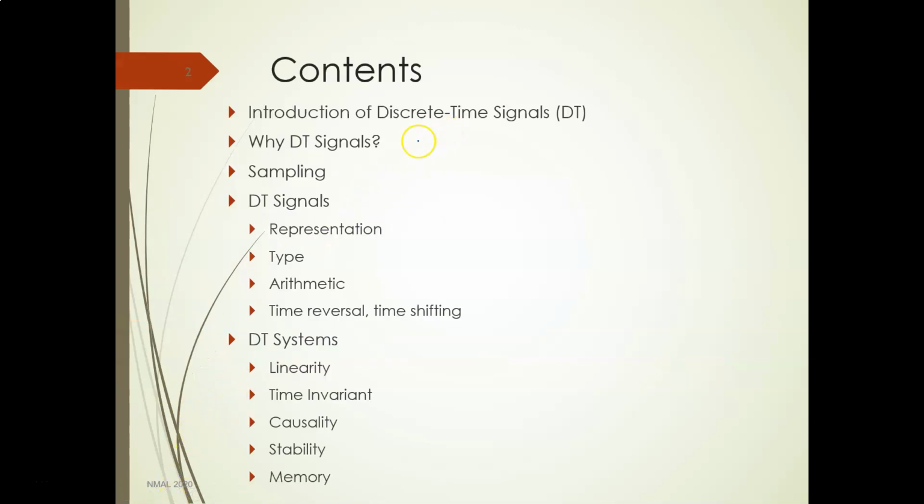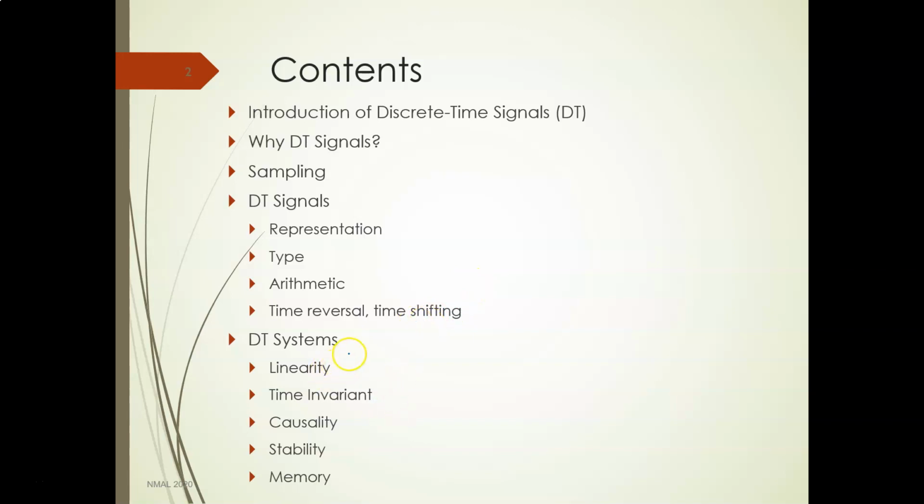Okay, these are the contents for the discrete time signals part. We are going to look at why we need discrete time signals, and then the sampling process, and then we're going into details on discrete time signals in terms of the representation, the type, the arithmetic, which means plus, minus, multiplication, and also division, and also time reversal as well as time shifting, which involve time transformation.